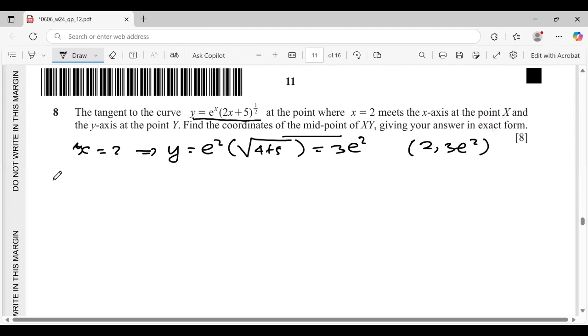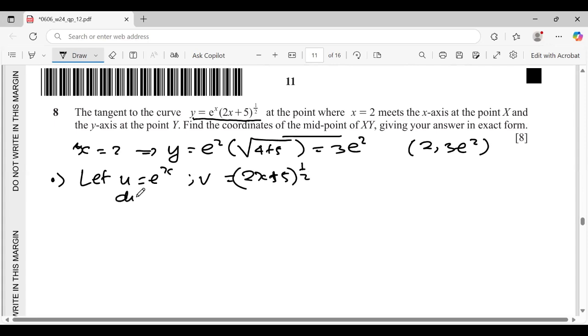And after that, differentiate this function, this equation. Let u equal e to the power x, v equal (2x plus 5) to the power 1 half.